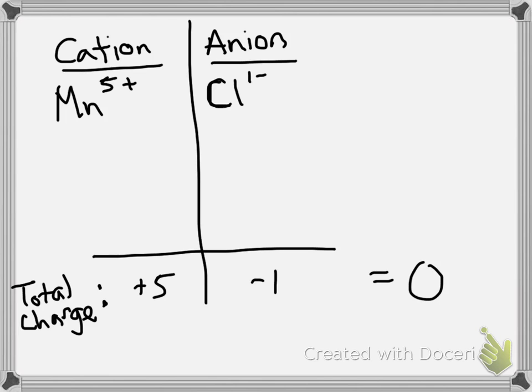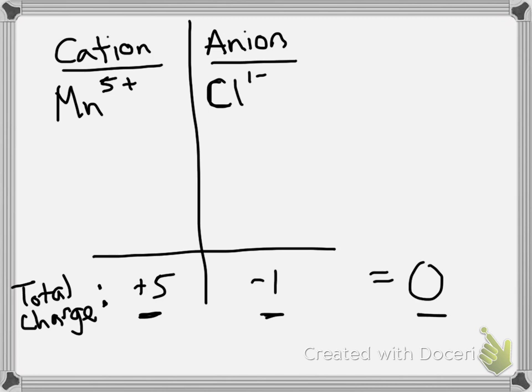Every single ionic compound is neutral, which means it has a 0 charge, which means the positive charge and the negative charge need to be equal so that the total charge is 0. So +5 and -1 does not equal 0. Right now it equals +4. +5 minus 1 would be +4.